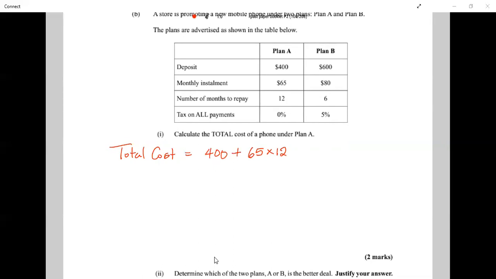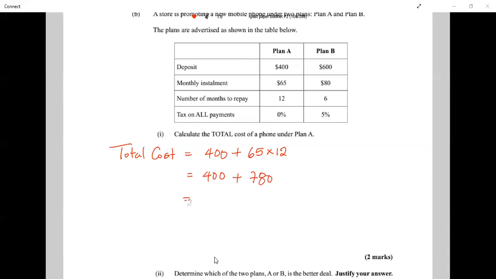The shortcut for adding 65 12 times is to simply multiply 65 by 12. So this is 400 plus 780.